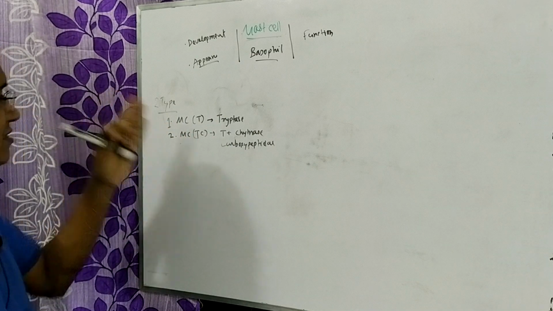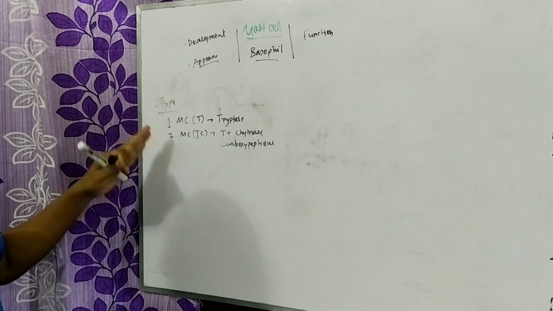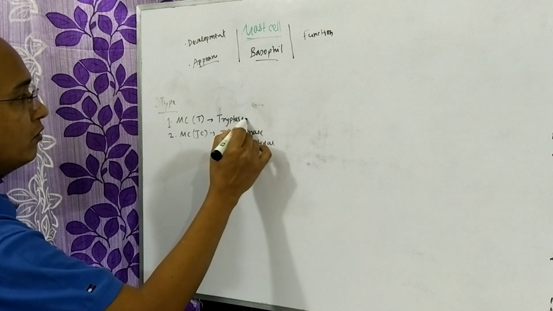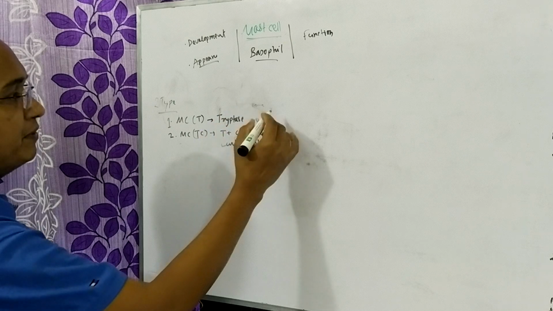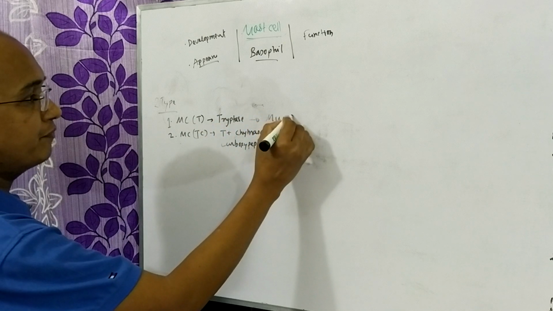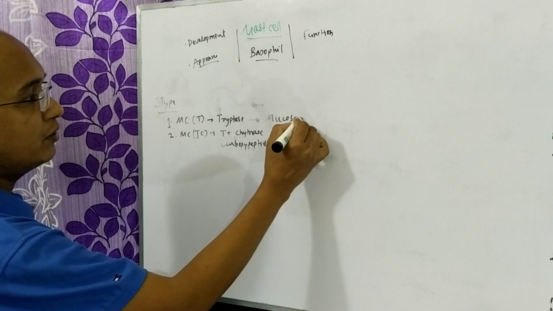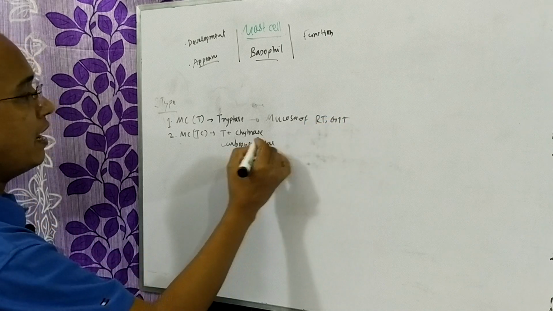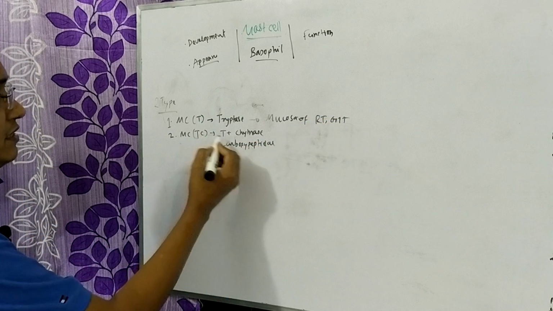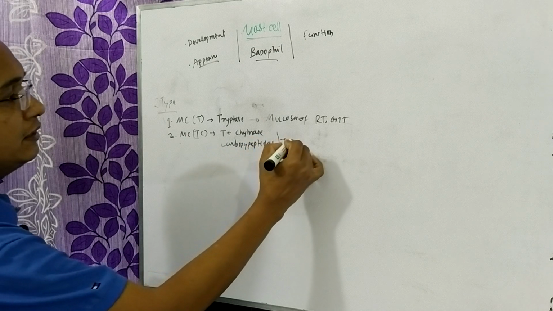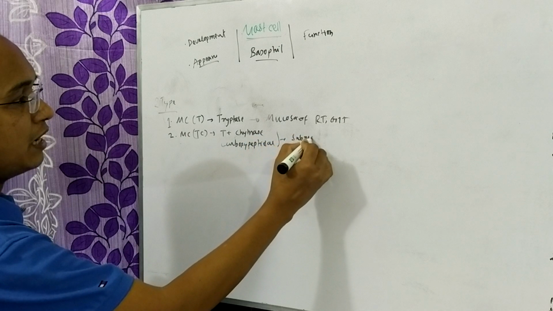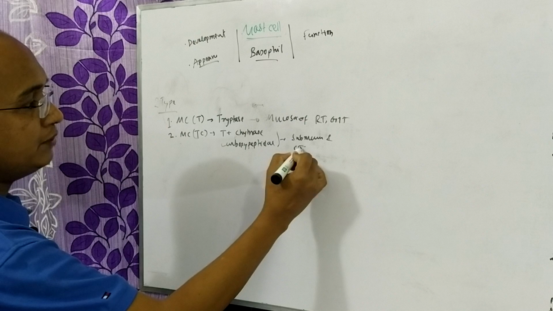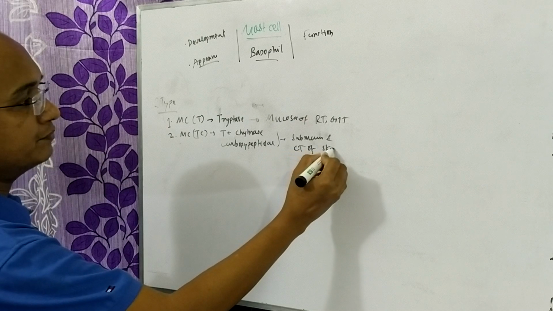Why should we know about this very critical type? That's because the mast cell T type, that is mast cell containing tryptase, is present in the mucosa of respiratory tract and GI tract, and mast cell containing T and C is present in the submucosa and connective tissue of skin.